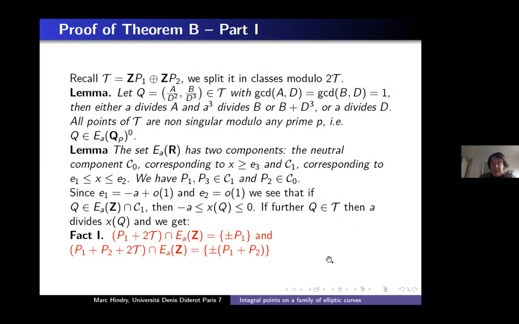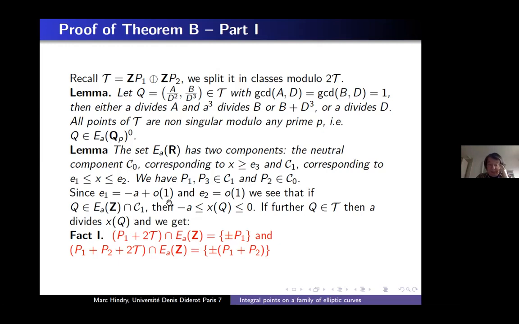Now, if we look at the real points, it has two components. One that is compact, that's sort of a circle. The other one is compact if you add the point at infinity, not compact otherwise. And the compact component corresponds to x contained between the two roots of the equation.